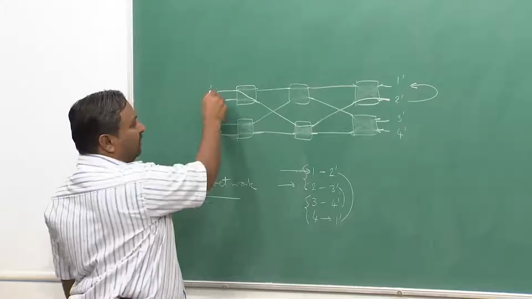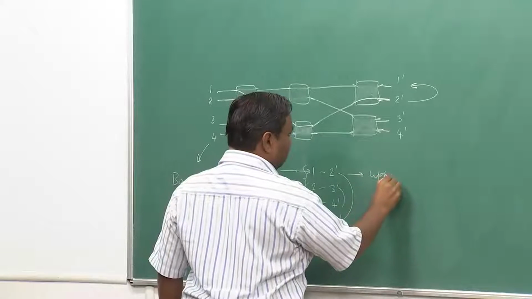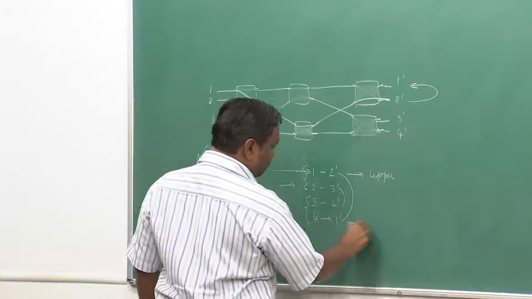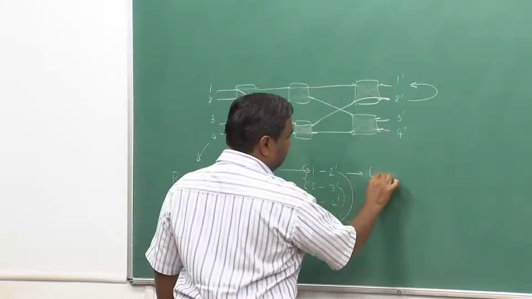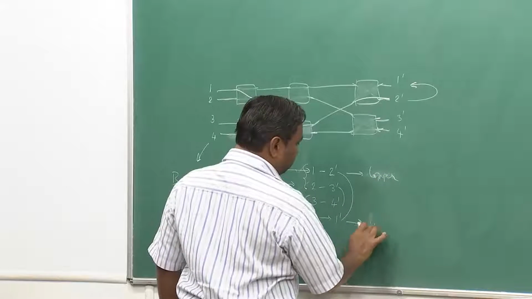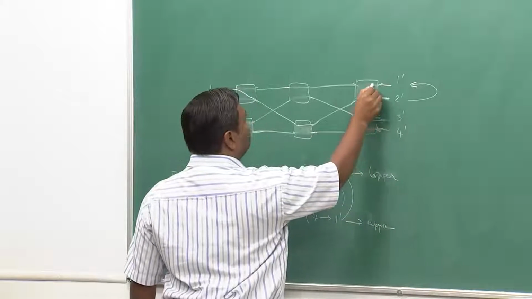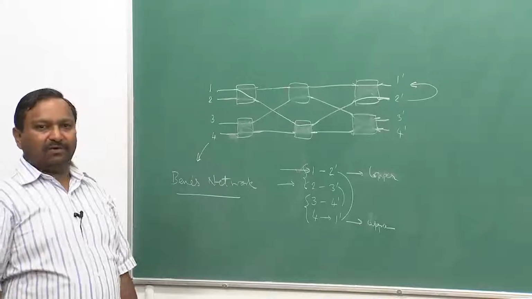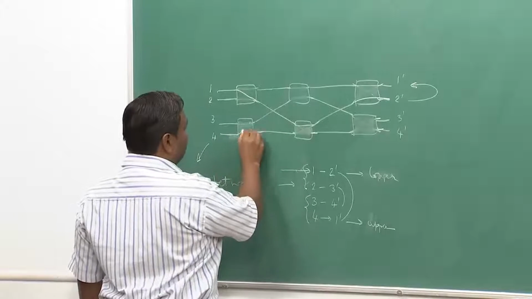Since from 1 to 2 prime I have used the upper one, from 1 prime to 4 I should use the lower one, sorry, I should use the upper one now. I have to use this option. In fact, I cannot use the lower one, it was not possible even if I had tried. So, it has to be the upper one.